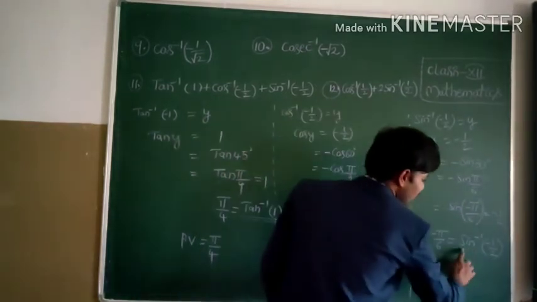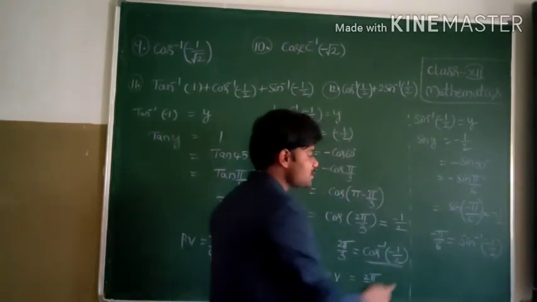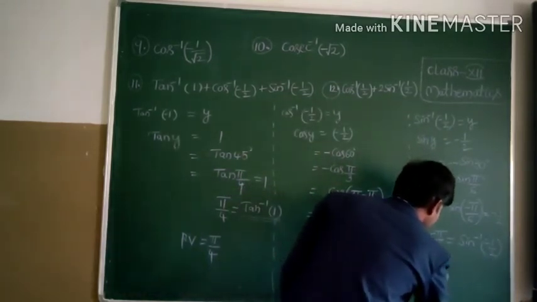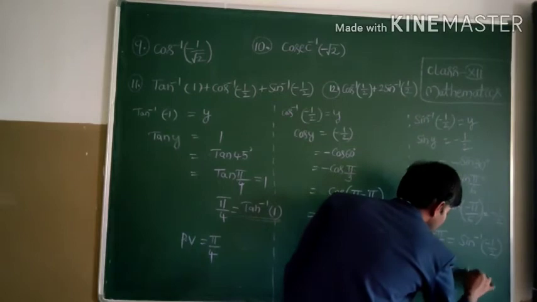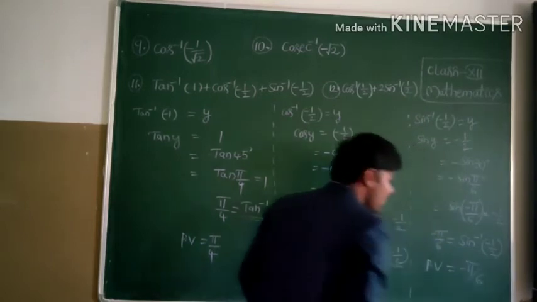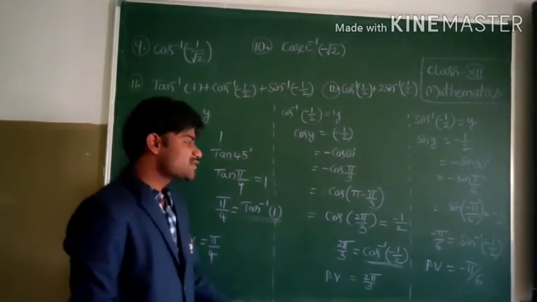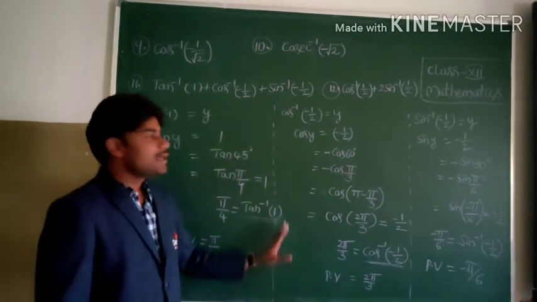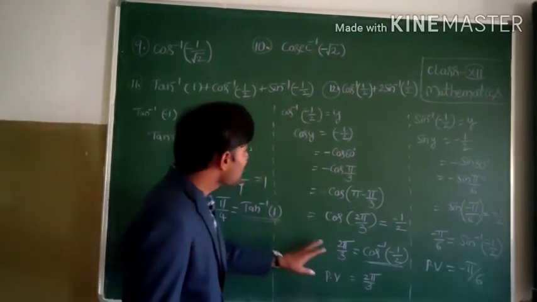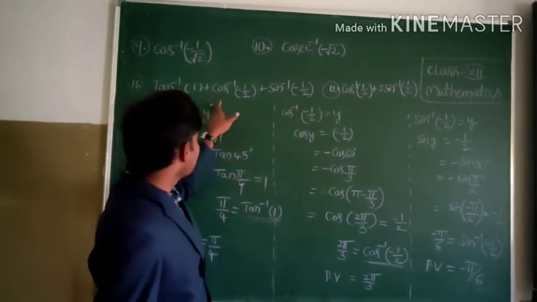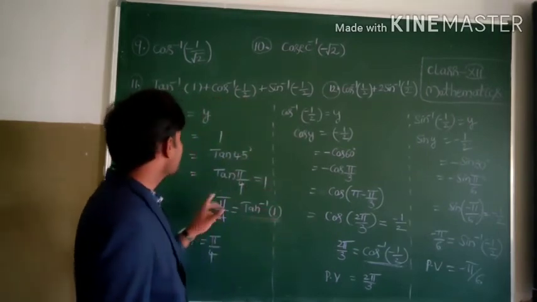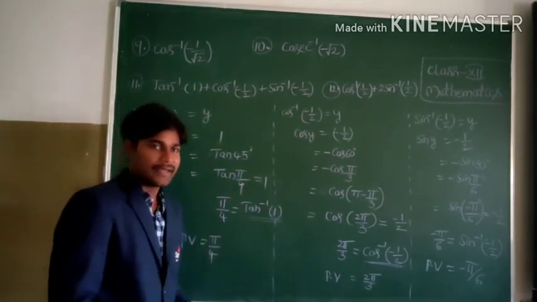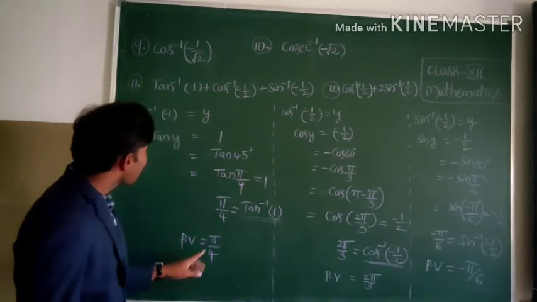So the principal value of sine inverse of minus 1 by 2 is minus 5 by 6. So the principal value of this function is minus 5 by 6. But they are not asking the principal value of an individual function. They are asking the sum of these three inverse trigonometric functions' principal values. So now let's see how we can calculate.